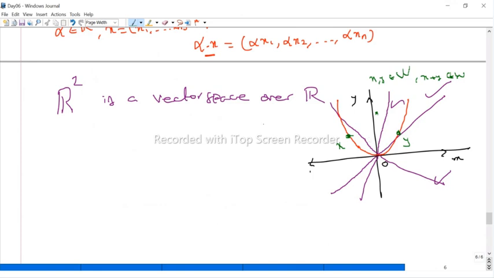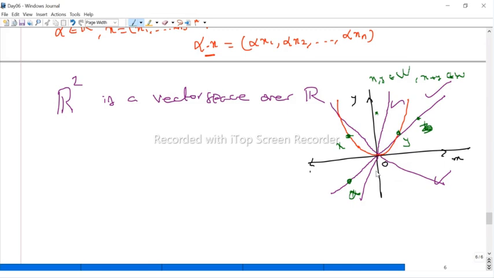But if you take a straight line and any points on it, suppose I am taking x here and some z here, or some other a here and b here, then a plus b may be anywhere, but it should be lying on the line. That's why lines are subspaces.